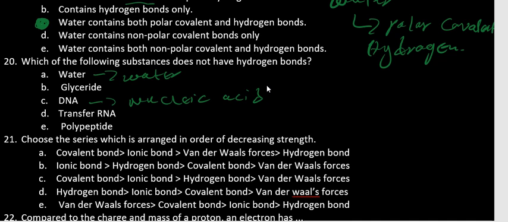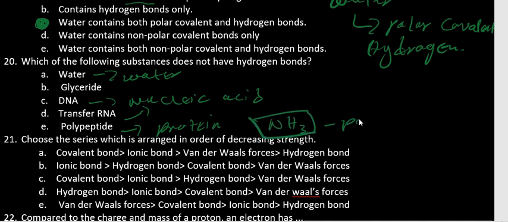DNA, just in case you are asked. Then transfer RNA is also the same. Polypeptide is a protein, and you know that proteins have NH3, so because of that they are said to be polar. Then the last one there is glyceride. Glyceride is like a lipid, falling under lipid. So the answer here is just glyceride.